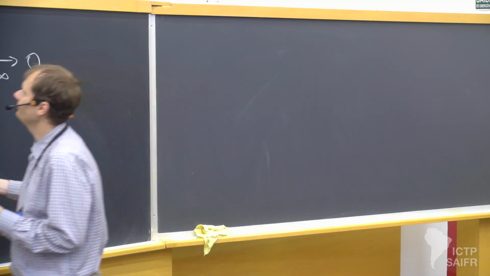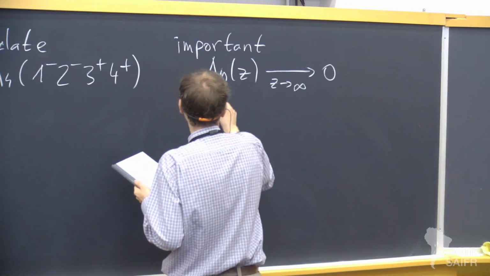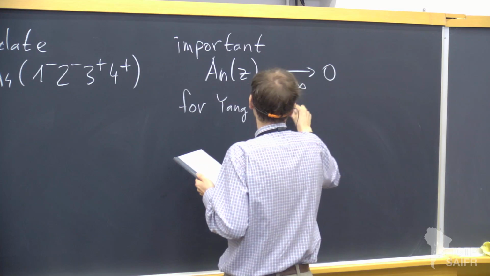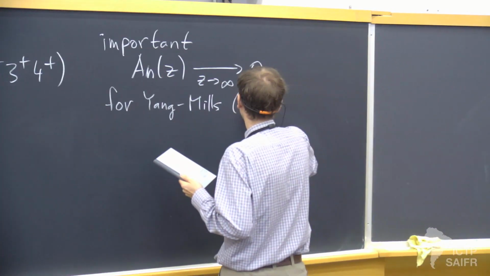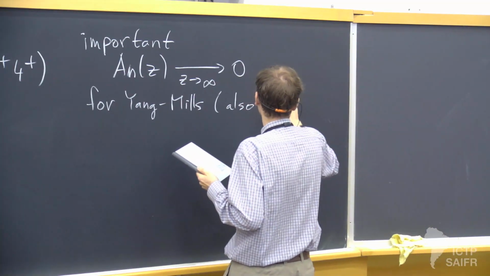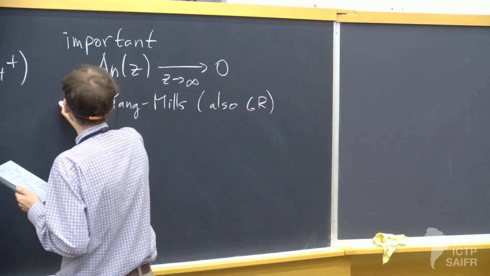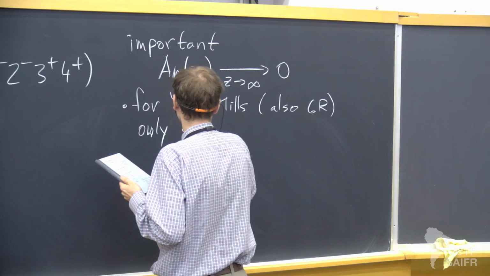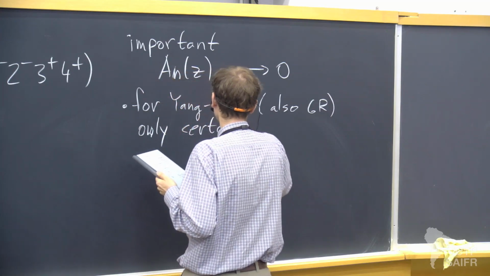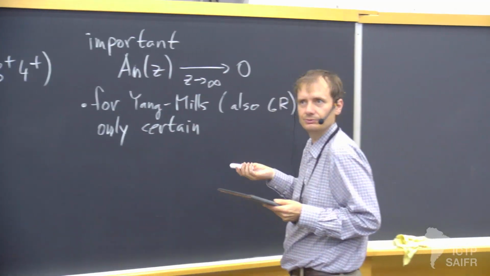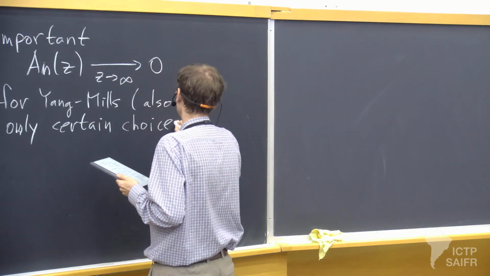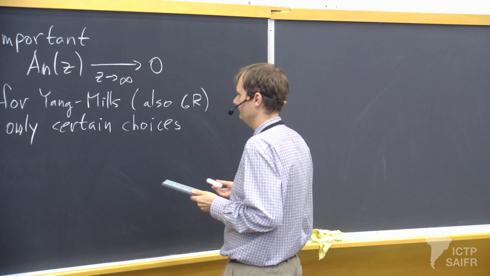For Yang-Mills, and the same thing will be true for gravity, only certain choices of the shifts are allowed, which is fine. We only need one choice, and then we just use the correct one. But it's good to know what you can afford and what you cannot.